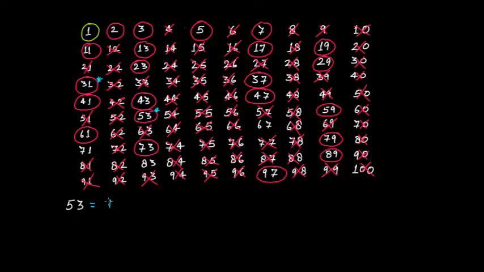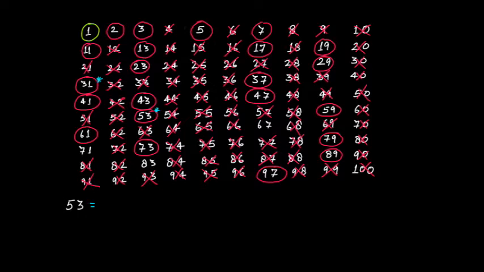To make 53, I have to add 6 to 47. But 6 is not an odd prime number, and it's also only one number. Is there any other way to write 6 as a combination of two odd prime numbers? No, there's no other way, so you just ignore it.